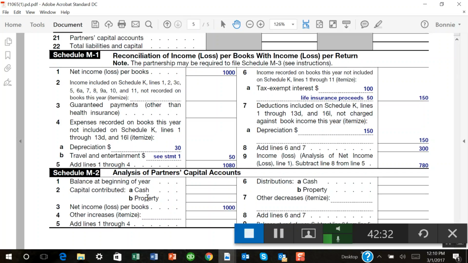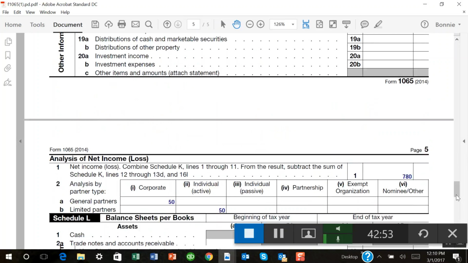Now what Schedule M-2 is supposed to be doing is calculating, rolling forward the total balance of the partners' capital. And let's say that at the beginning of the year it was $2,000, and then there was nothing contributed by any of the partners during the year.